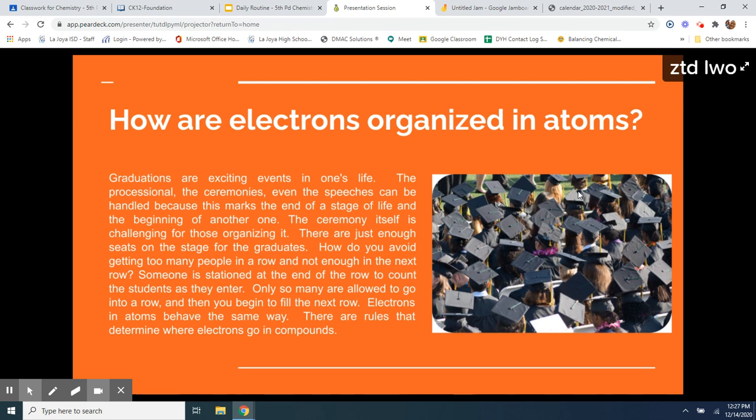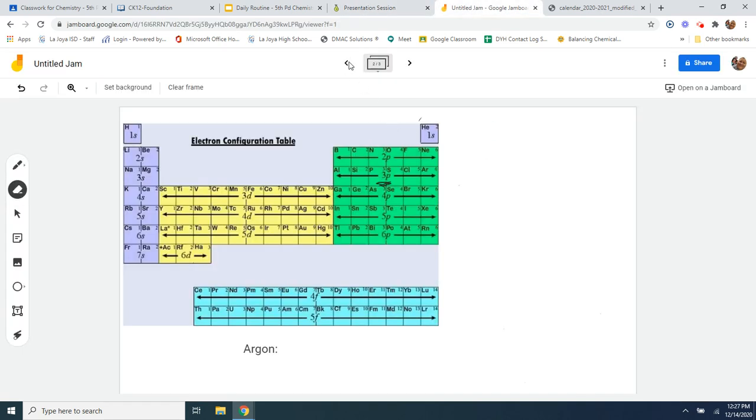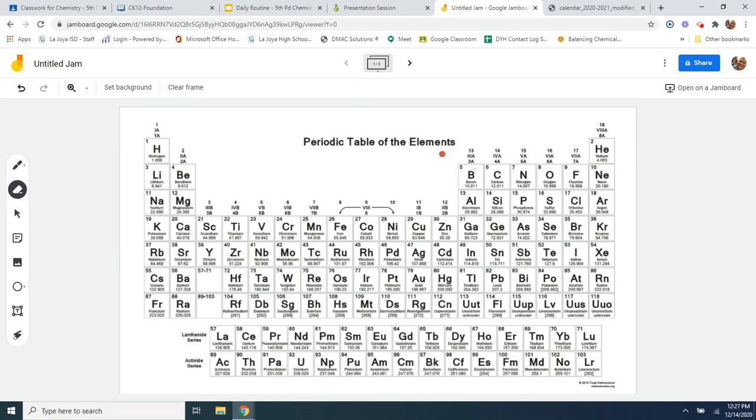If you are a noble gas, group 18, where you have helium, neon, and all of those, group 18 is special. Once all of the electrons are in their proper energy level, this group, neon all the way to radon and element 118, that outer energy level is already going to be full.